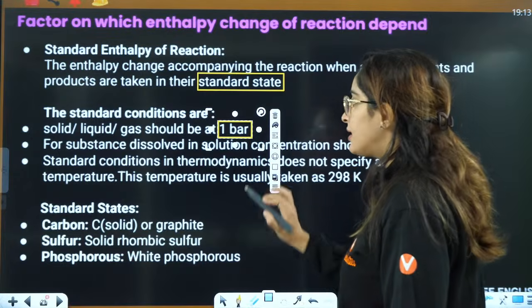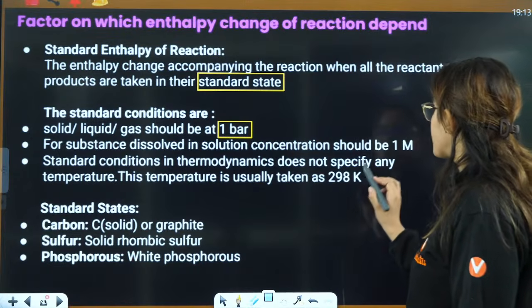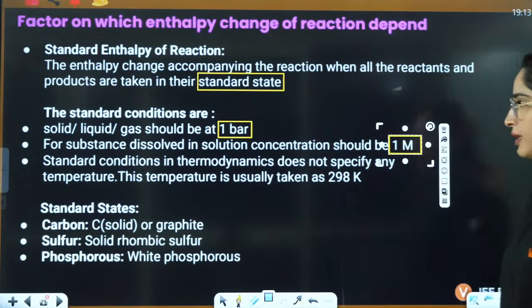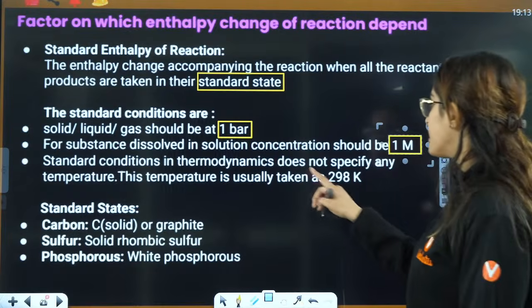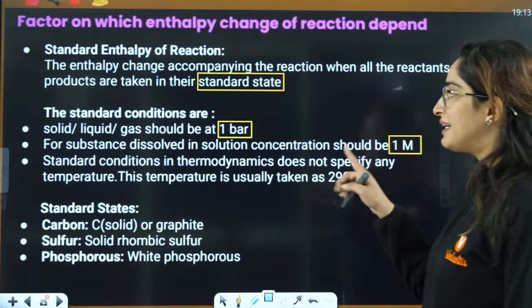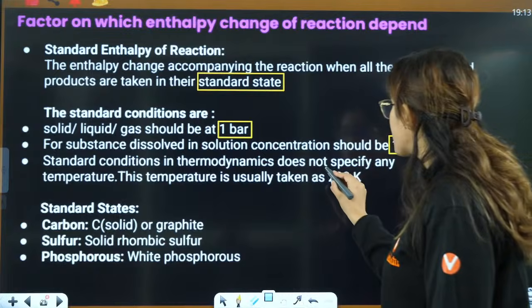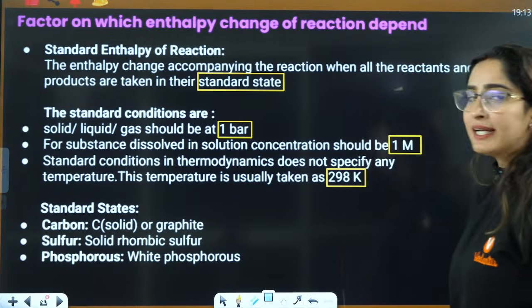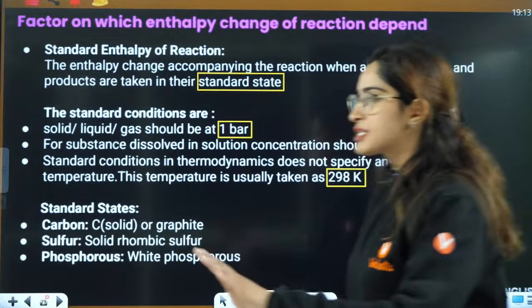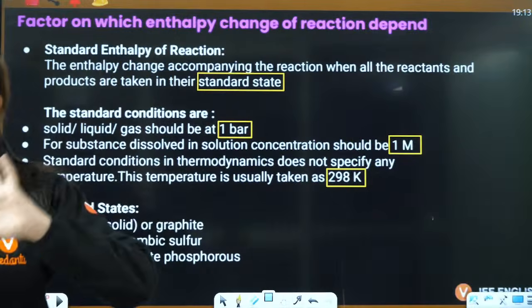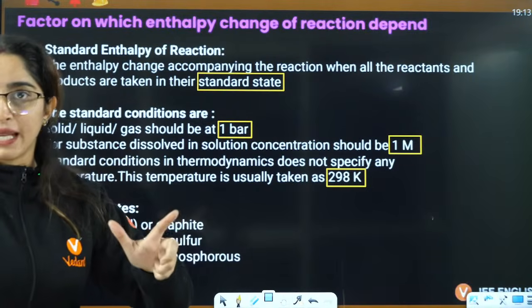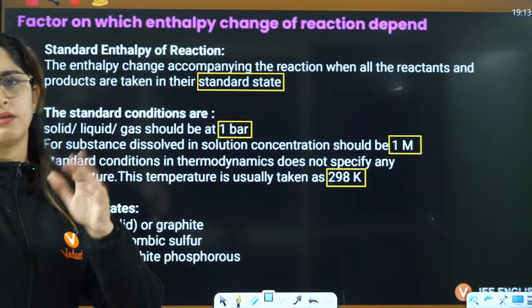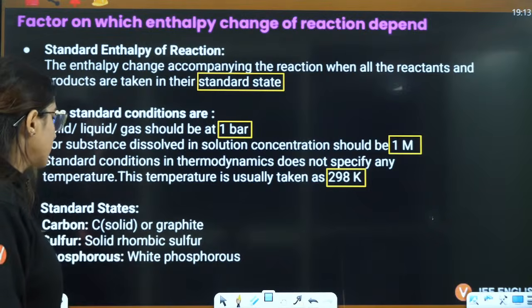For substances in a solution, concentration should be 1 molar. Standard condition does not specify any temperature. This temperature is usually taken as 298 Kelvin. In usual cases, we take it as 298, but it is not considered a standard temperature; we just take it as 298 Kelvin for these reactions.